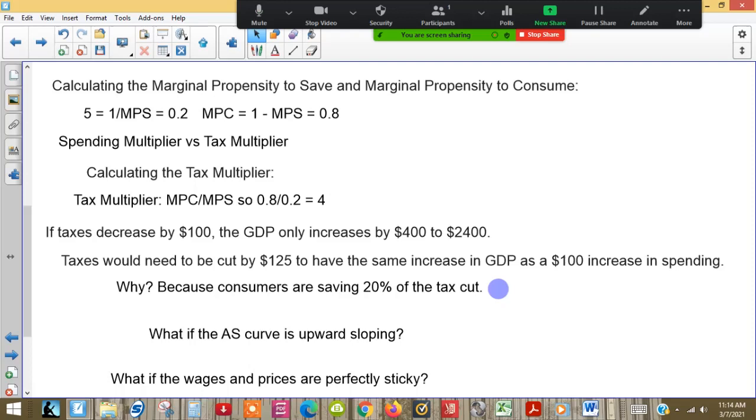So that 20% will not go directly back into the economy. Therefore, the multiplier isn't as large. So that's why you hear economists arguing that if you really want to quickly jumpstart a lagging economy, if you really want to move aggregate demand out to the right quickly, spending is more effective than cutting taxes.